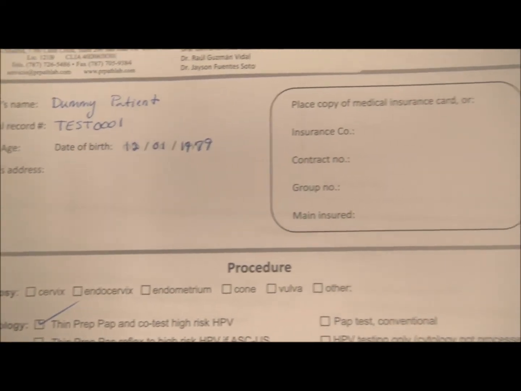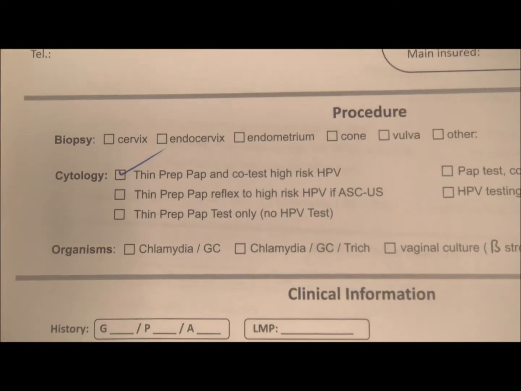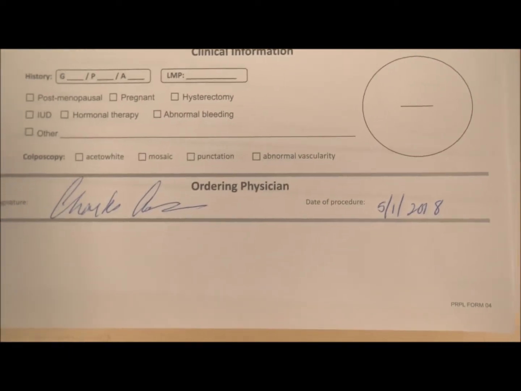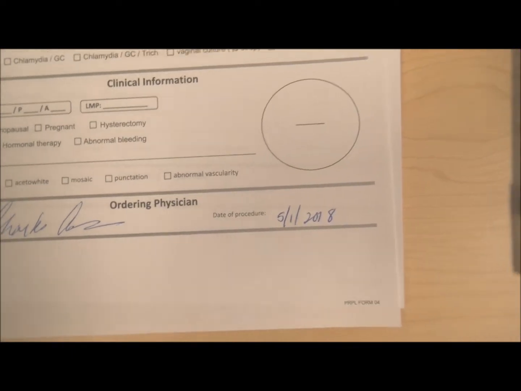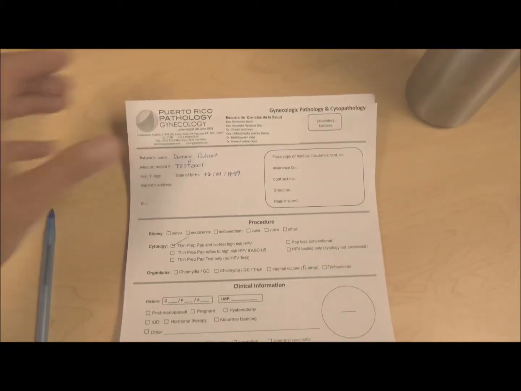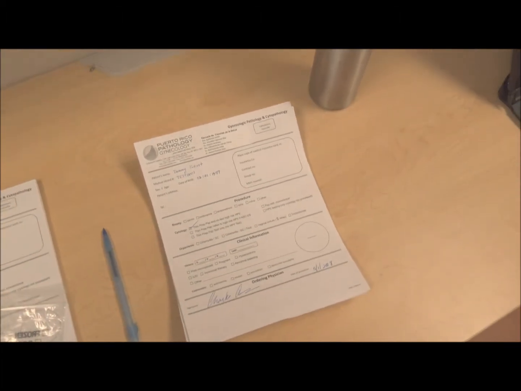All of the other information is included on the page I will be attaching, and I will mark again thin prep, pap, and co-test. There's my signature and the date. I can place these two documents together and fold them nicely.